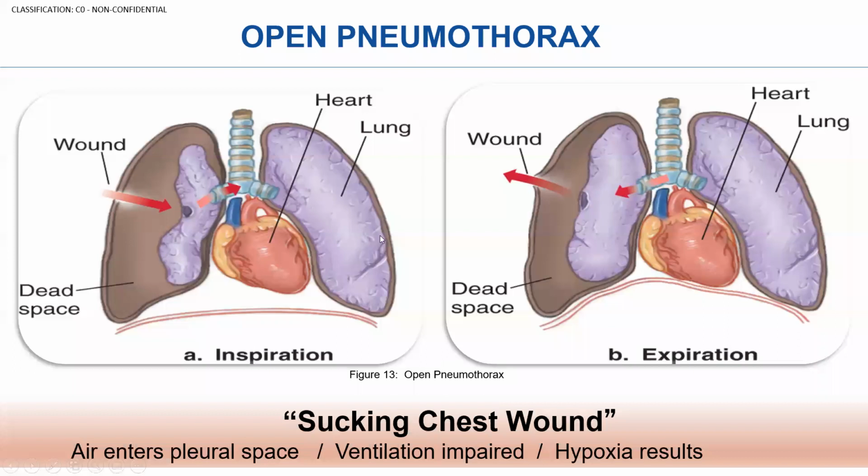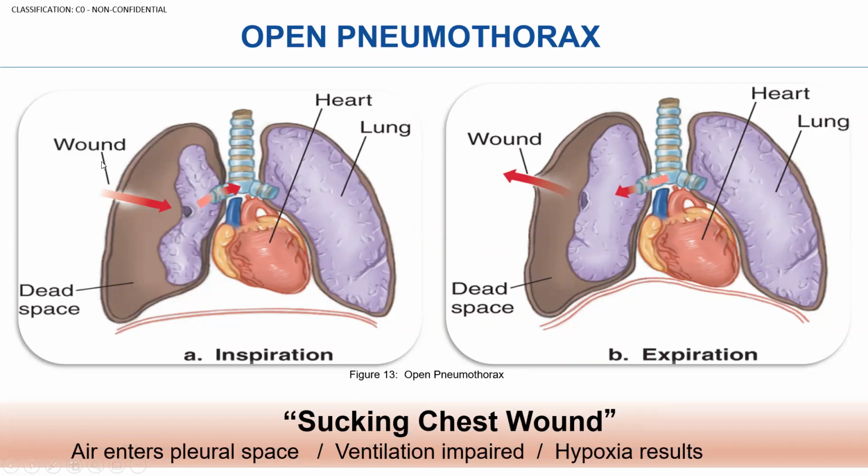So you can see here in the open pneumothorax, I did mention if there is an opening larger than 3 centimeters, larger than the opening of the trachea. You can see here on the first figure, figure 13, letter A, there is a stab wound, chest wound, or gunshot wound. Normally, when the patient breathes in, air goes in through the mouth, goes into the trachea, and enters the lungs.